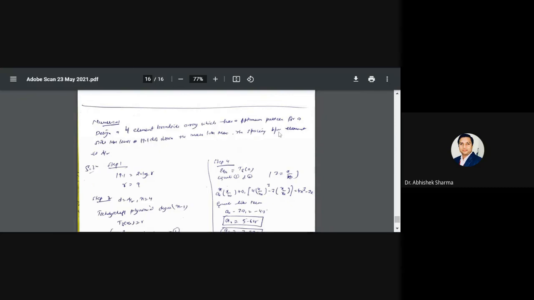The spacing between elements is lambda by 2. So this type of numerical has been there in previous year examination. Just the difference was here it was 10 elements and it was 26 dB. While in another examination this has been 20 dB and this has been 7 elements. But procedure will be same.